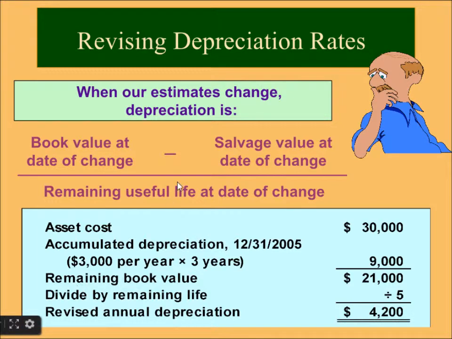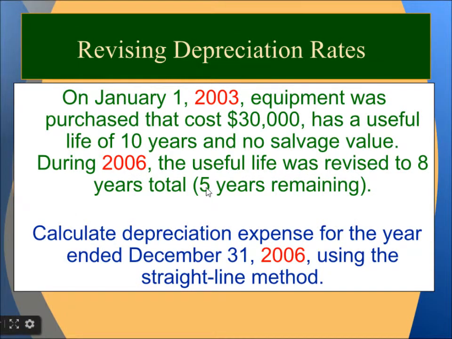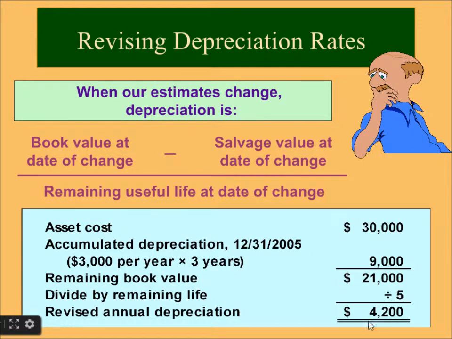Then divide the remaining book value by the useful life. The new predicted useful life is 5 years. So we will divide it by 5 and we'll get the revised annual depreciation of 4,200 as the depreciation expense for each year for the new revised value.